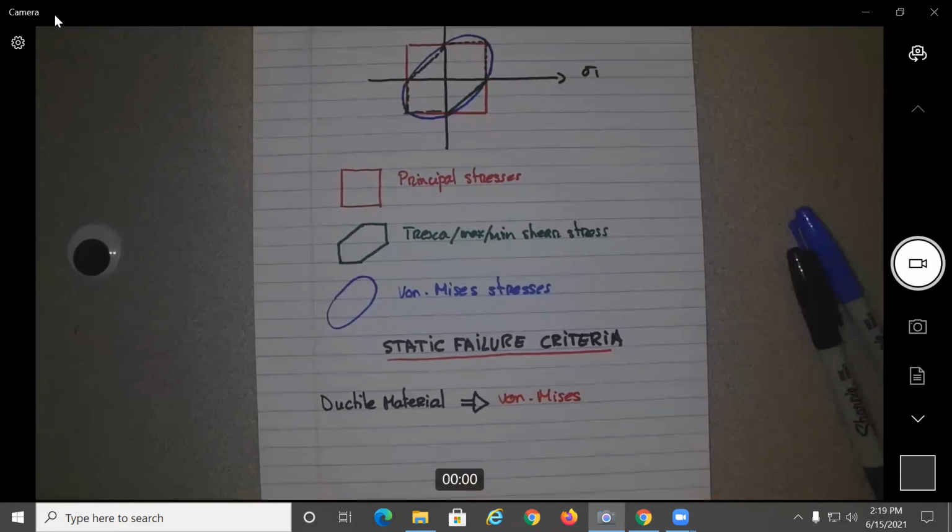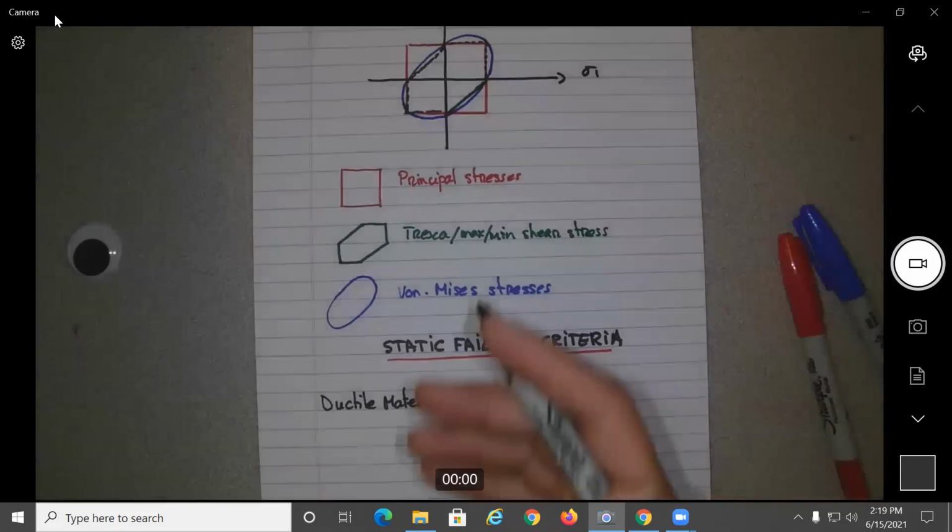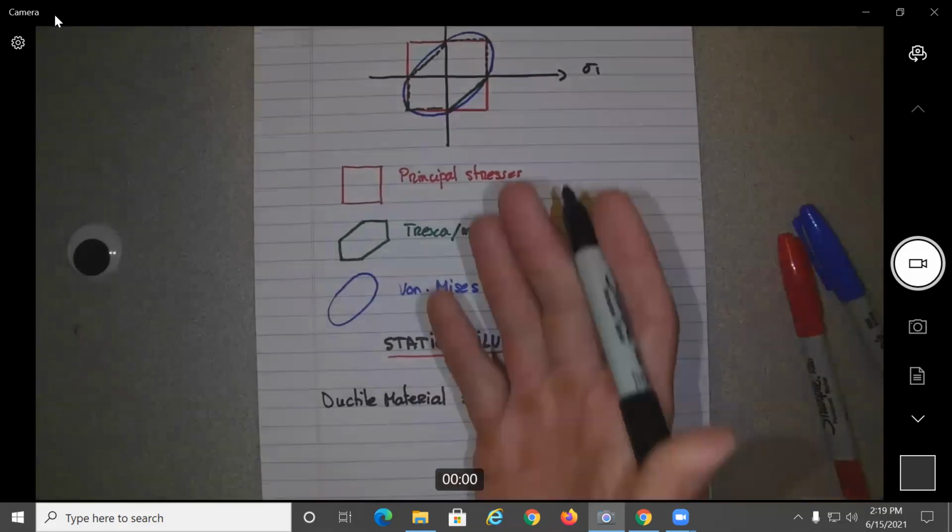Then this is really the important part. All the equations are not that important. This is the important page.